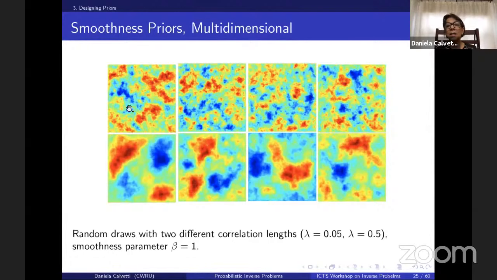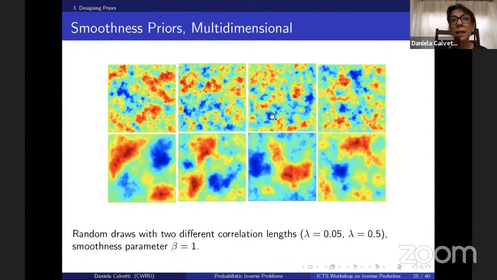So these are several realizations from these Whittle-Matern priors with different correlation lengths. At the top here, the correlation length is 0.05. On the bottom here it is 0.5. And we had the smoothness parameter beta equal to 1.